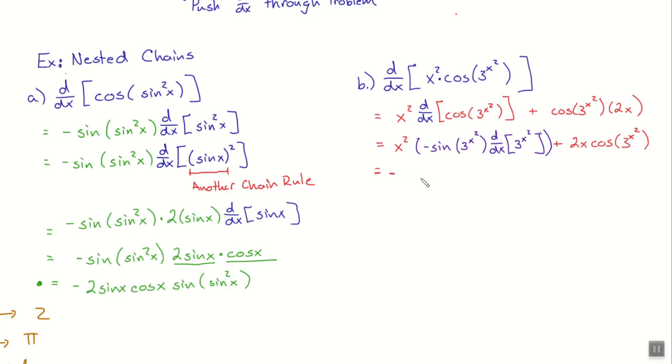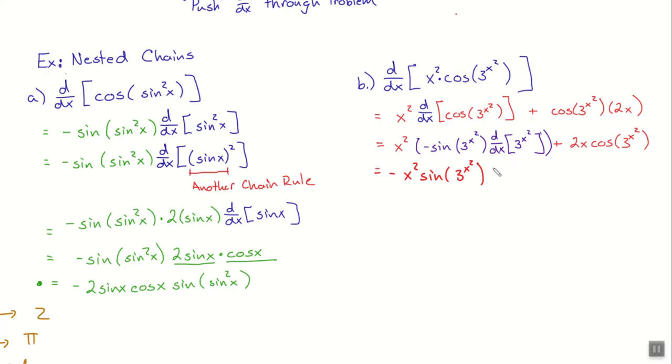Okay. So negative x squared sine of 3 to the x squared. And now we need the derivative of this piece. Well, that's an a to the u situation, right? So I'm just going to use the rule. We should be able to see it in our notes, or you'll turn back one page.